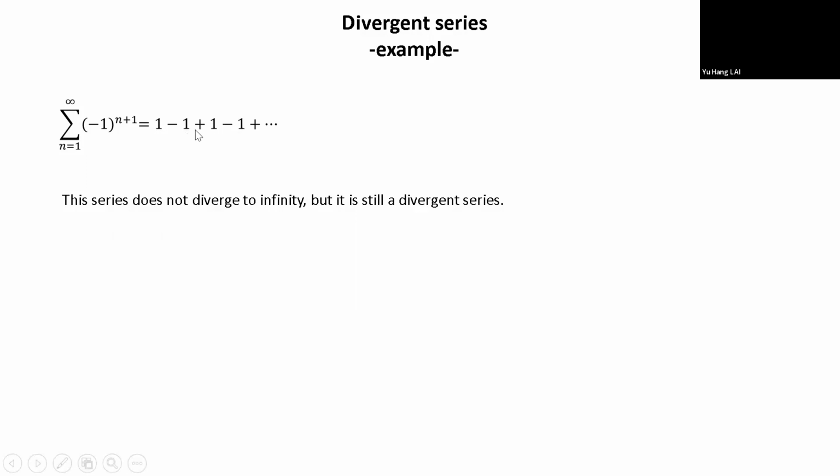So as you increase n, the sum is going to alternate between 1 and 0. 1, 0, 1, 0. Even if you add many terms, as n tends to infinity, the sum will still alternate between 1 and 0. It does not blow up to infinity, but still, you cannot give me a limit.